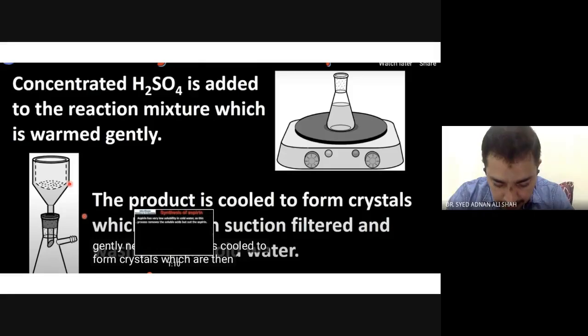Okay, and then if there is any excess of this salicylic acid or the acetic anhydride left on the crystals of aspirin, it will also be washed out. Understand? Because at the end you have to weigh only the pure aspirin, right?